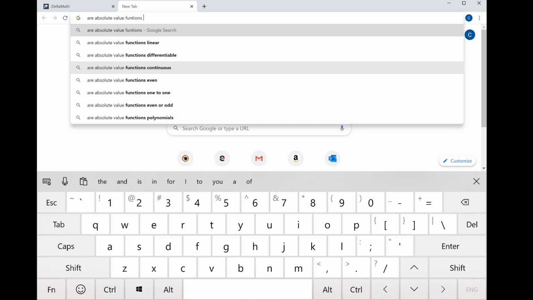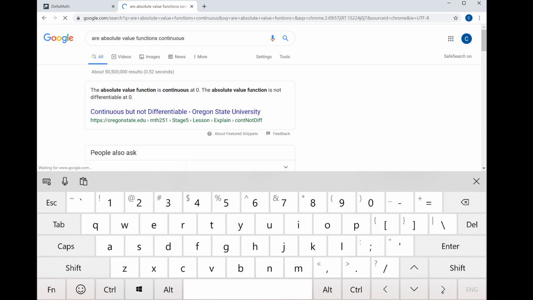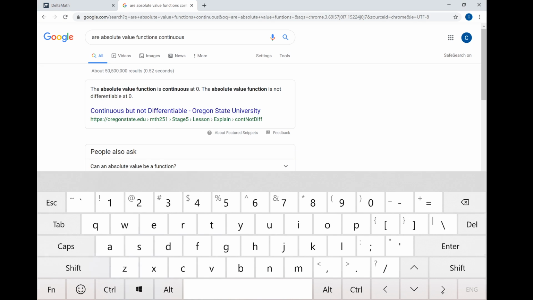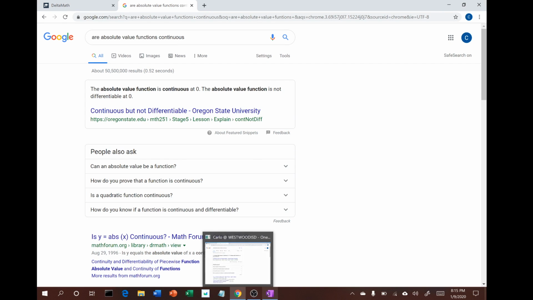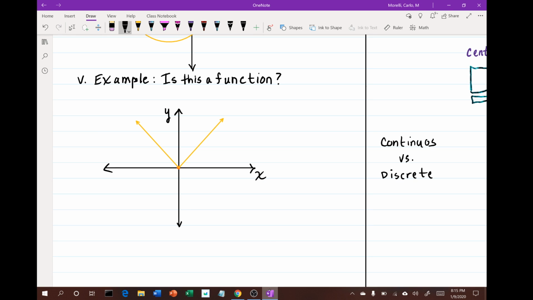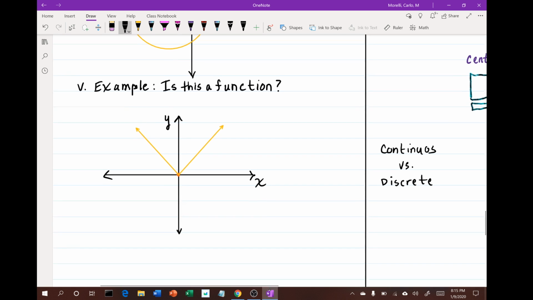Here we go. Continuous but not differentiable. Okay. So it's continuous but not differentiable. That's funny, because you think, oh, the teacher knows it, but we Google it.